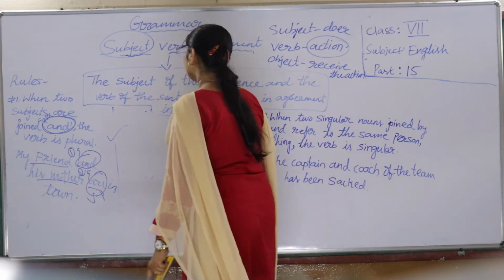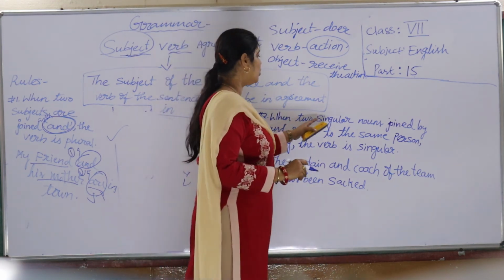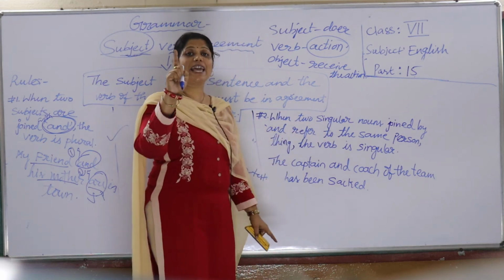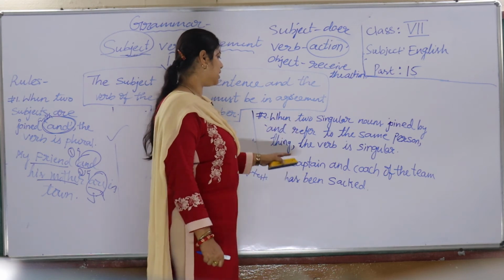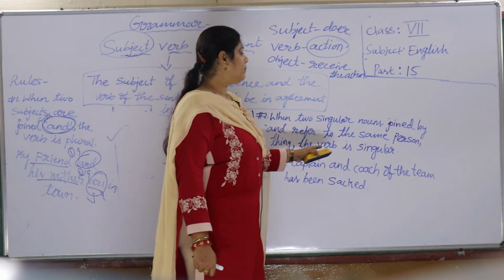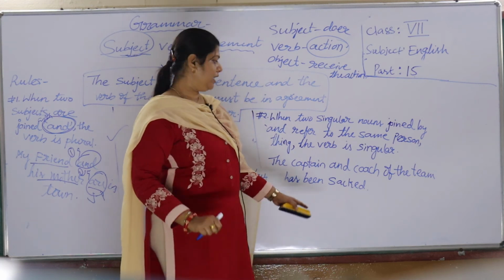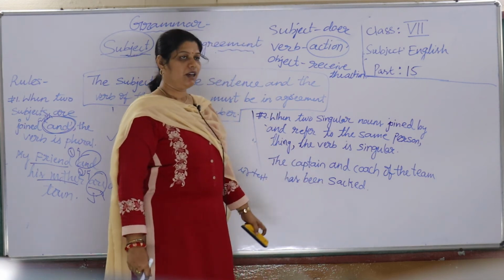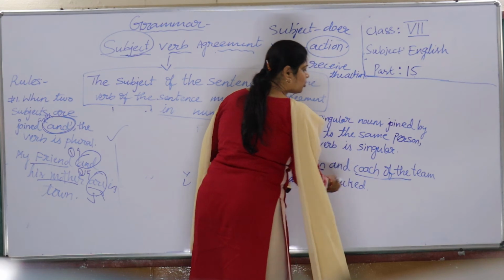That is one. The second rule is: when two singular nouns joined by and refer to the same person or thing, the verb is singular. How is it, children? See, the captain and coach of the team. The captain himself is the coach of the team.